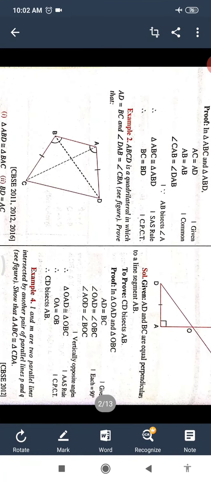Now first draw the figure in your notebook. Given AD and BC are equal, perpendicular to the line segment AB.